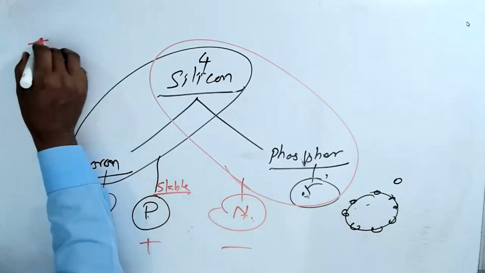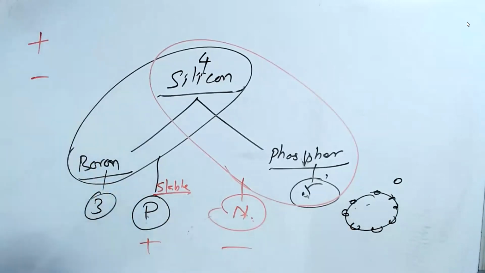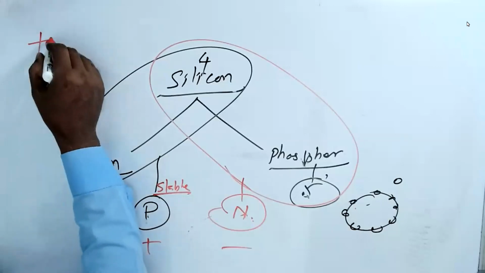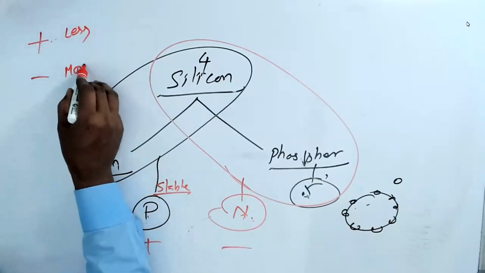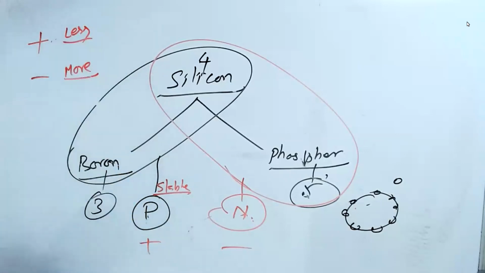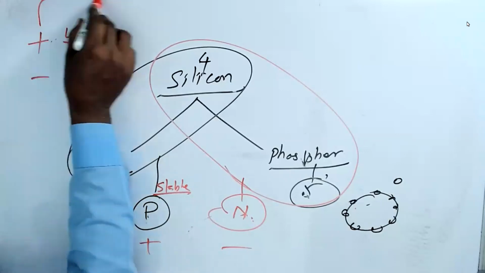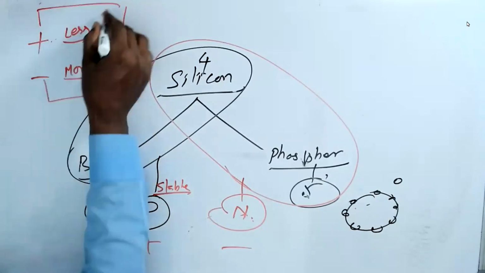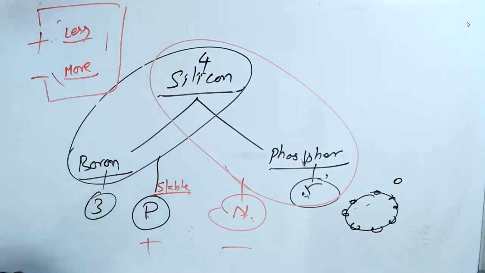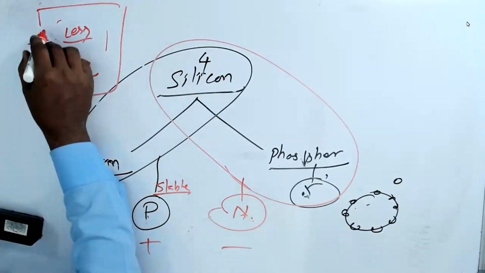Whereas in positive and negative, in our voltage source, here the number of electrons is less and here the number of protons is more. That's why when I connect them, there is a flow of electrons.